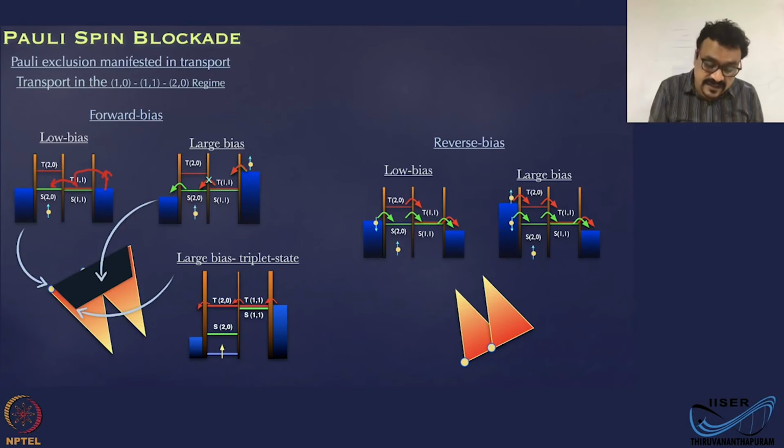But it's okay. This electron can tunnel back, because in this low bias regime, the level here is in resonance with this Fermi level.